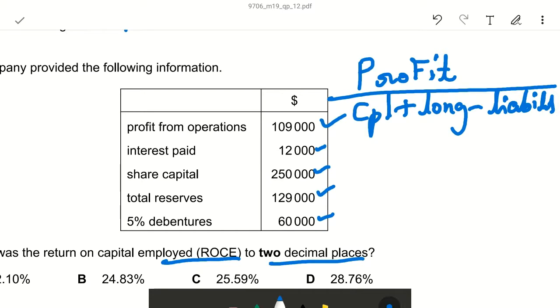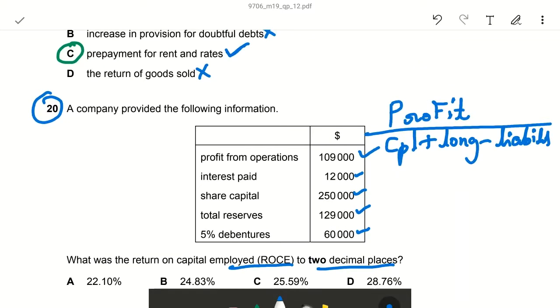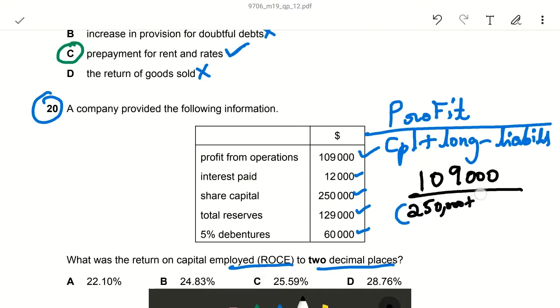So here the profit is given, 109,000, divided by share capital 250,000 plus 129,000 plus 60,000.